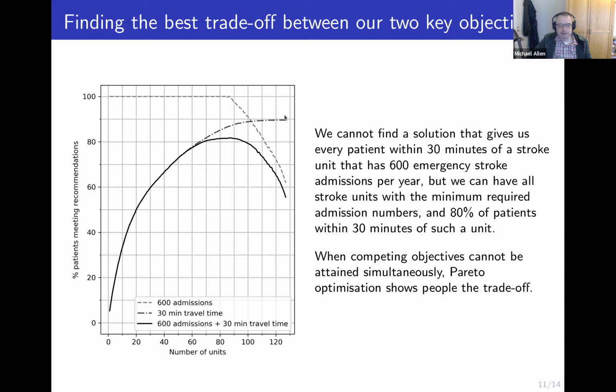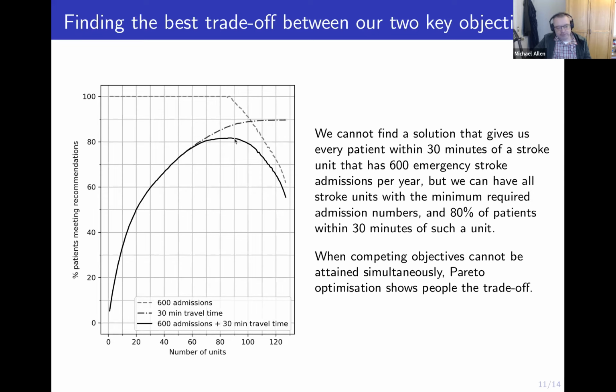Sorry, earlier I think I put 98% within 30 minutes. It's 89% currently within 30 minutes. So that's as high as we can get it when you're picking from the existing units, and it's a law of diminishing returns. It's steep at the start and then getting shallower.